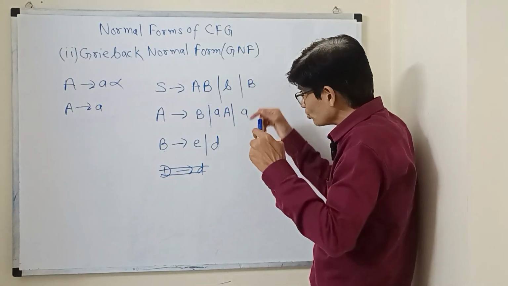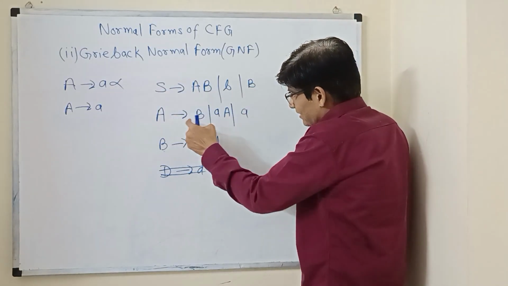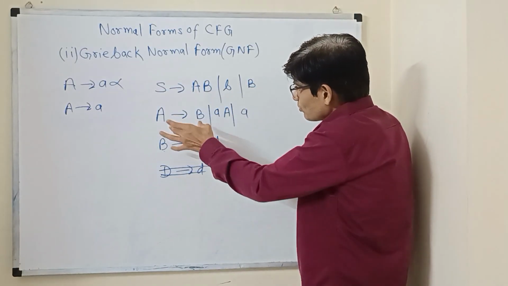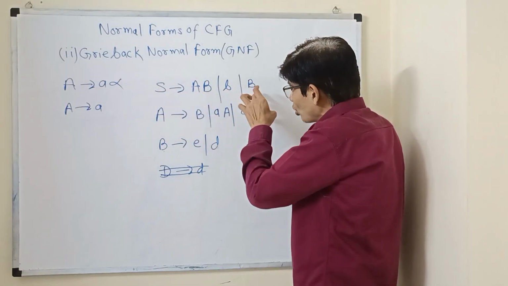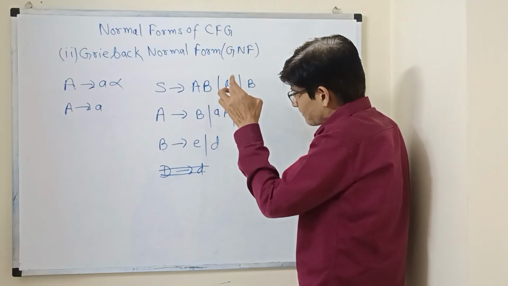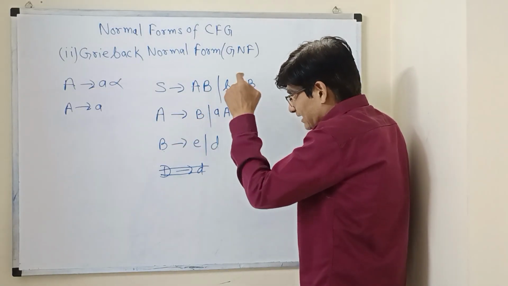Now we have two more unit productions, S gives B and A gives B. In order to remove both these productions, we can generate all productions of B with S directly and with A directly.